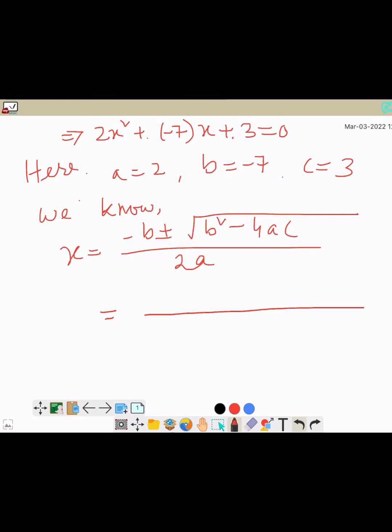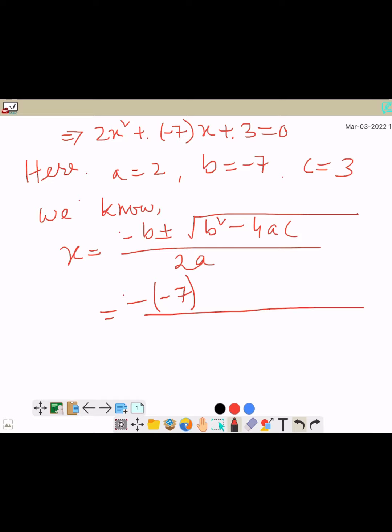So we put this minus here. Then what is the value of b? Minus 7. Since two minuses will come, we put a bracket: minus, bracket, minus 7.